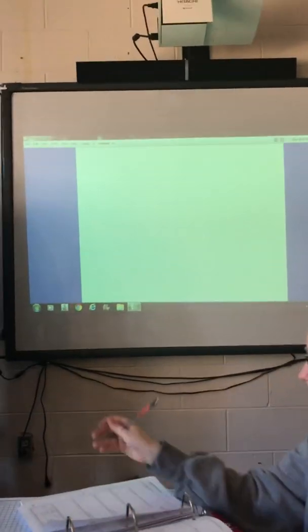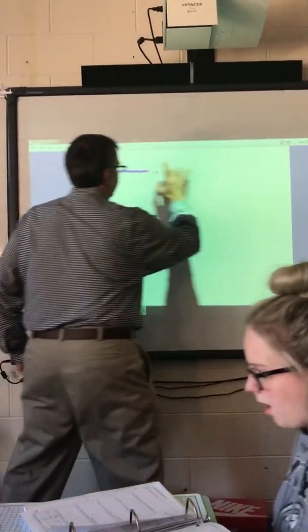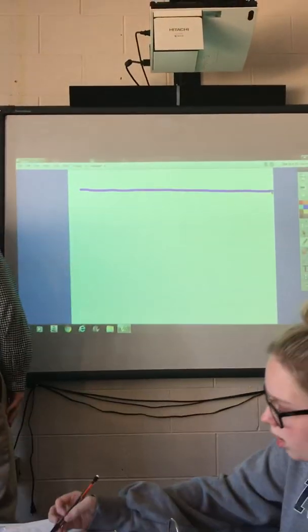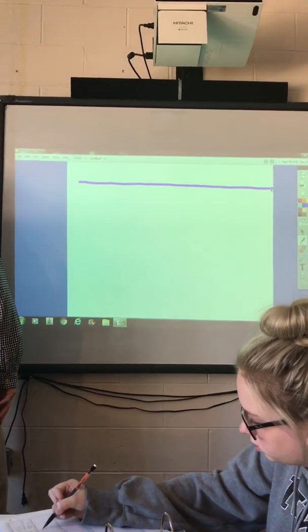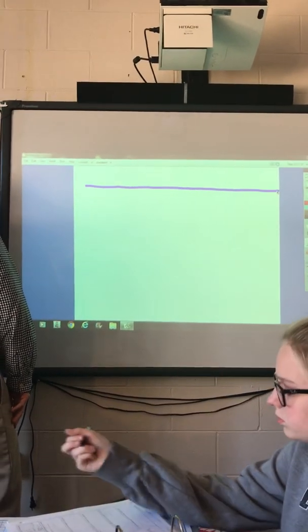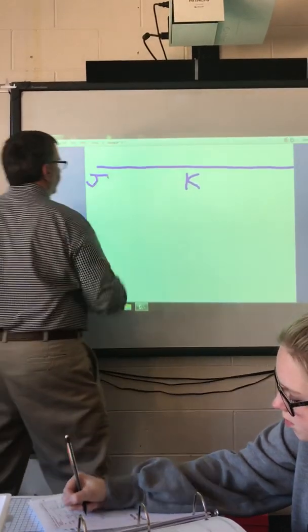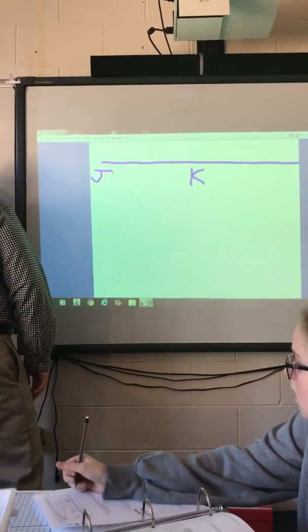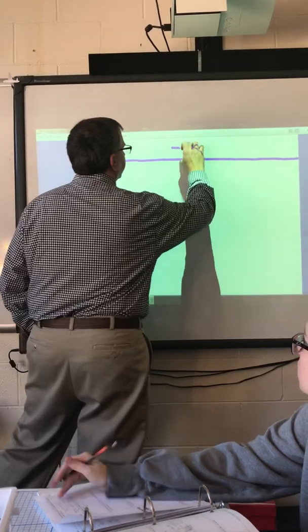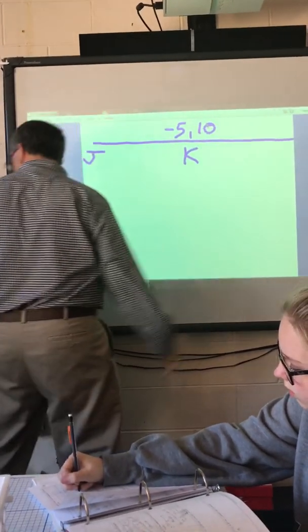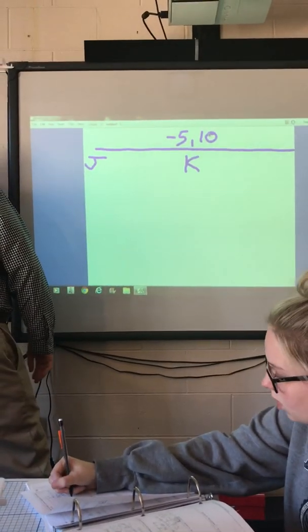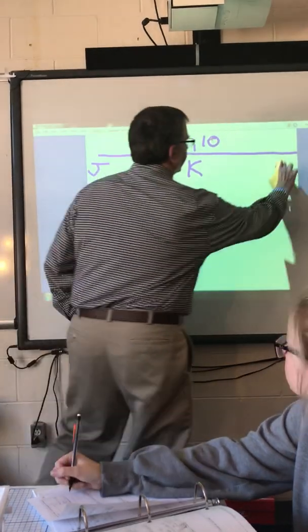Now look at question 7. Again, draw out a line if you need to. Find the coordinates of J if K is the midpoint. So K is here, J is here. The K value is -5 and 10. The L value is -8 and 6.